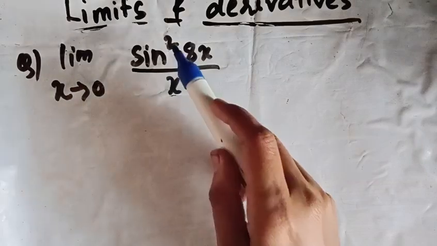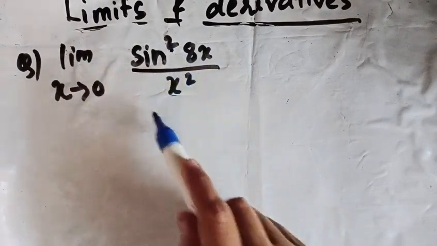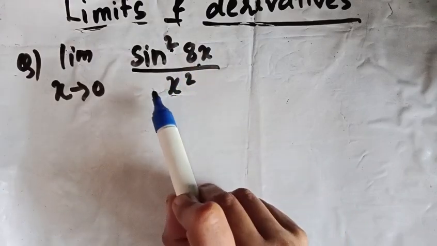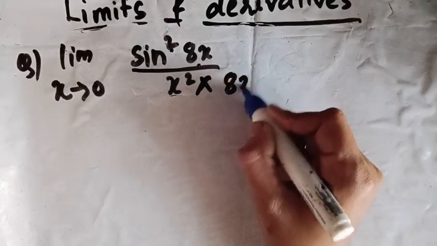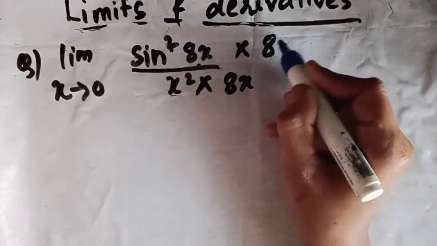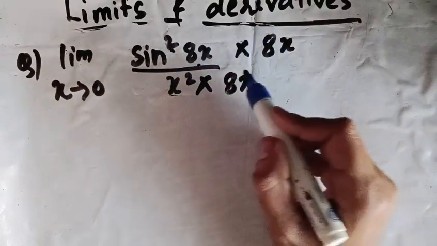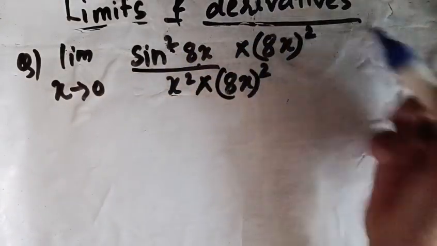Whatever the degree here, that should match the denominator. But here the angle is 8x, so we want 8x in the denominator, like this. But the square term is given, so this becomes square and this is also square.